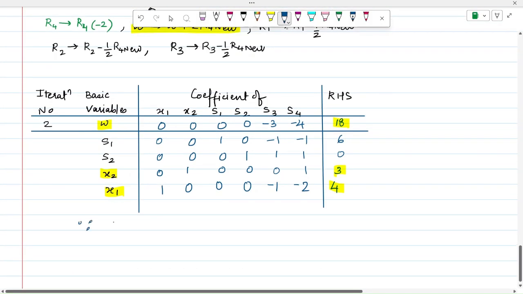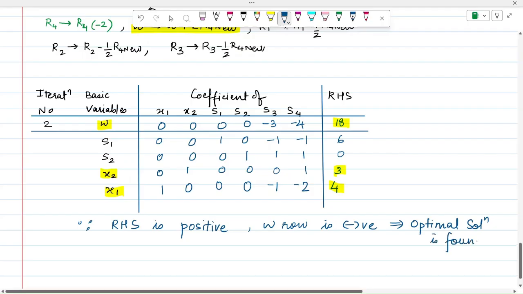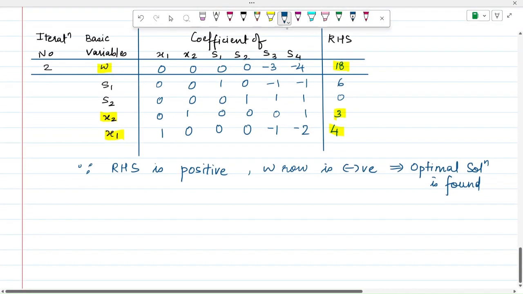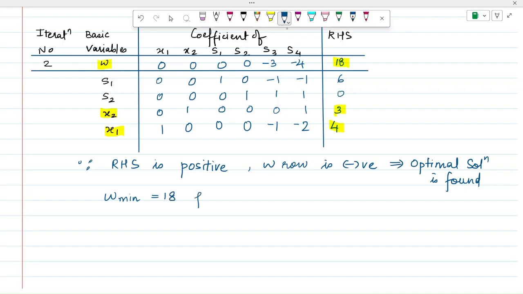So since RHS is positive and the W row is negative, we have the optimal solution. And the optimal solution would be W minimum is 18 for x1 equal to 4 and x2 equal to 3.